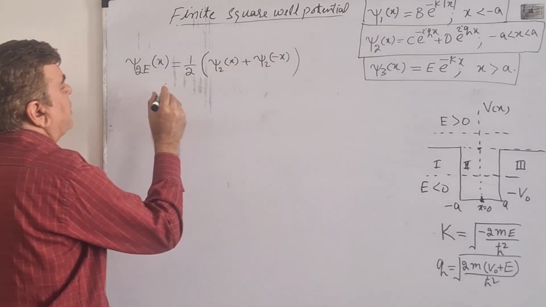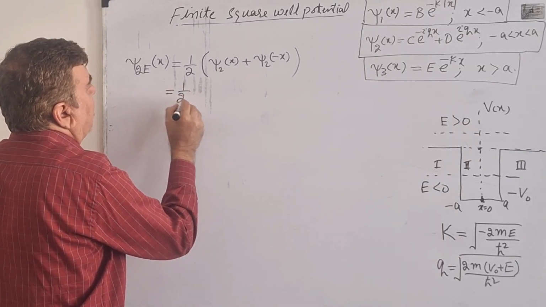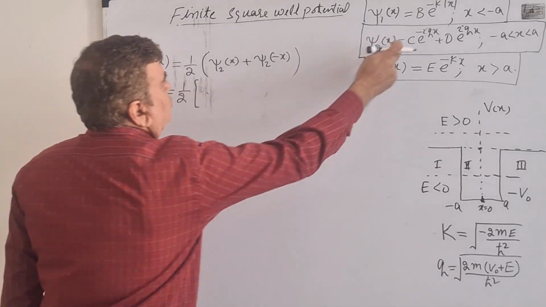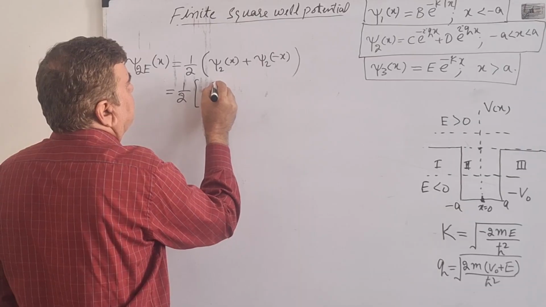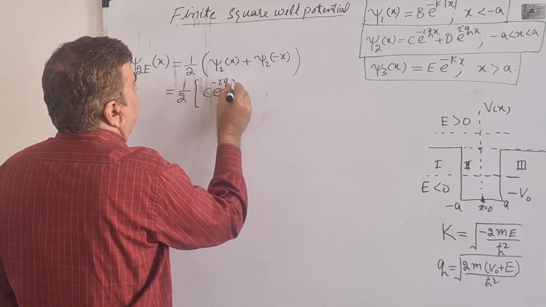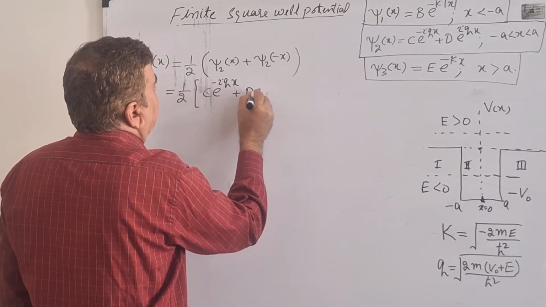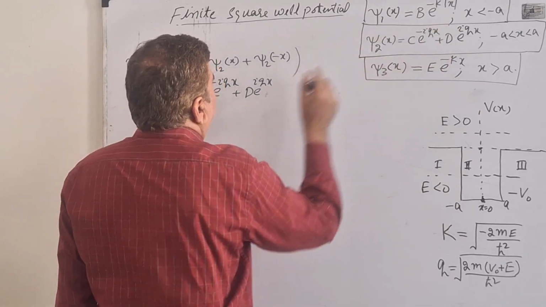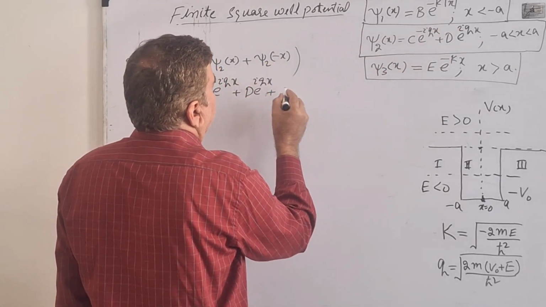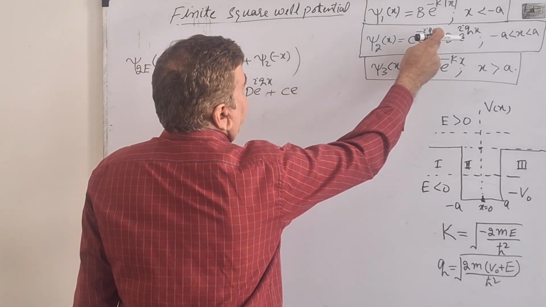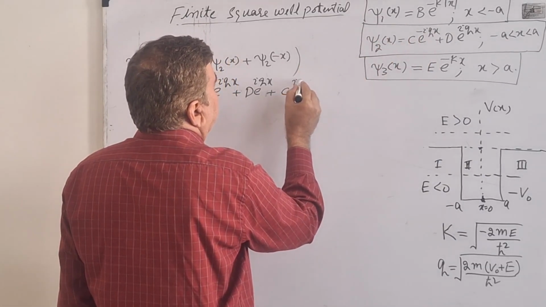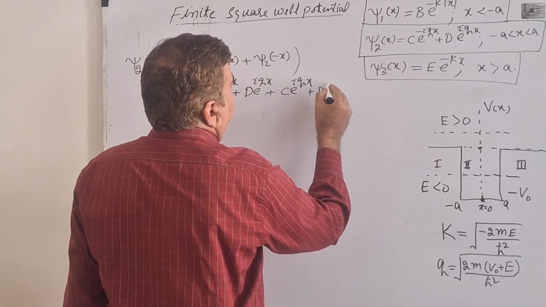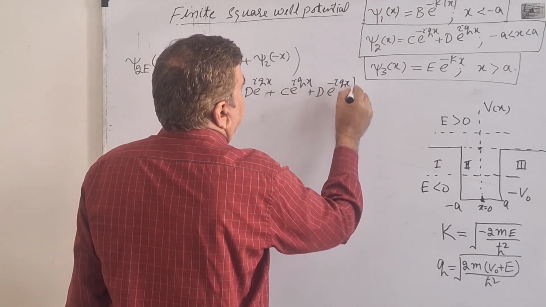And if I put the values, I can write this in the form half into c exponent minus iota qx plus d exponent iota qx, and then I replace the same with negative values. So for this function it would become c exponent, so when x goes negative this will become plus iota qx, and plus d exponent, this becomes negative, so the exponent becomes minus iota qx.